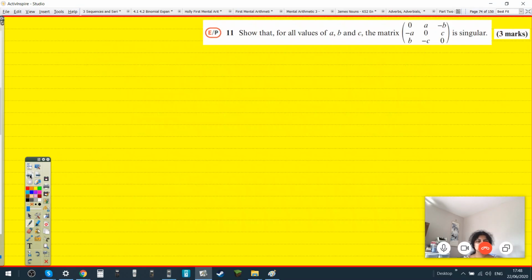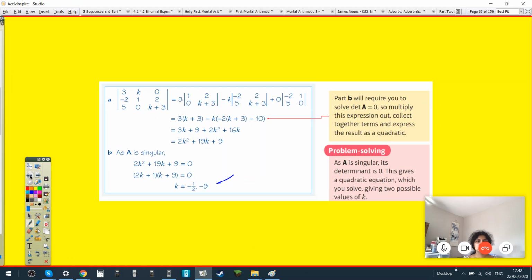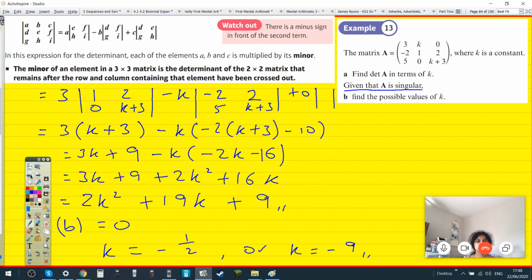It would be like if we did this one. It's going to be very similar to the one we just did. What is B squared minus 4AC for this one? 19 squared minus 72. Greater than, equal to, or less than 0? Greater than 0, and therefore two distinct real roots.